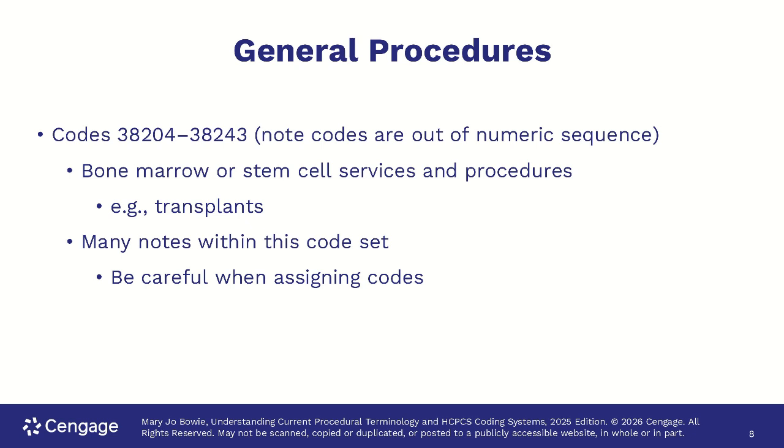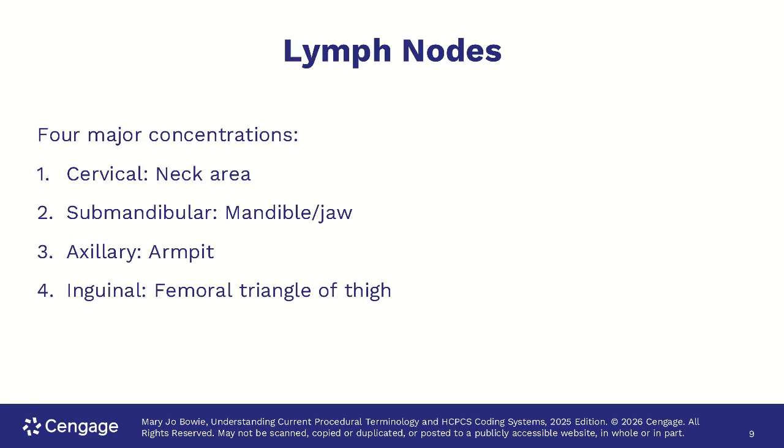Also, over here, you will see that these codes for things like diagnostic bone marrow aspiration have an S on the end. So aspiration, aspirations, biopsy, biopsies. But then you also have a code that says they do a biopsy and an aspiration together.